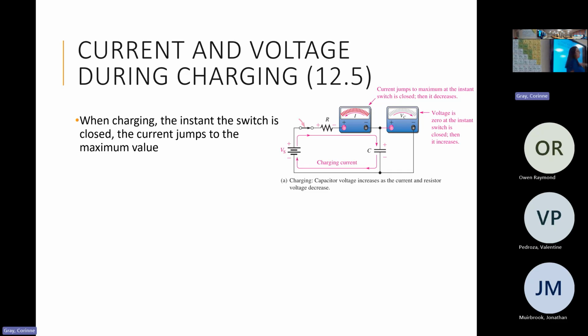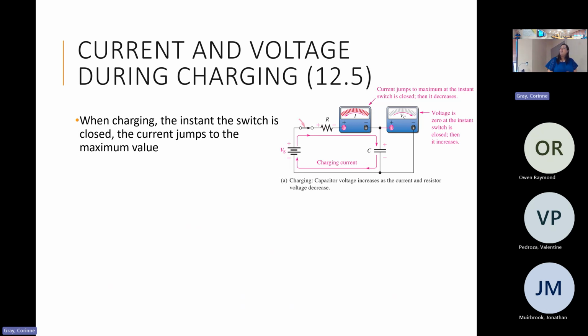Over here on the right side, we have a second loop where we have the discharging current that we could have for our capacitor. So, all right, we're going to start charging this capacitor.